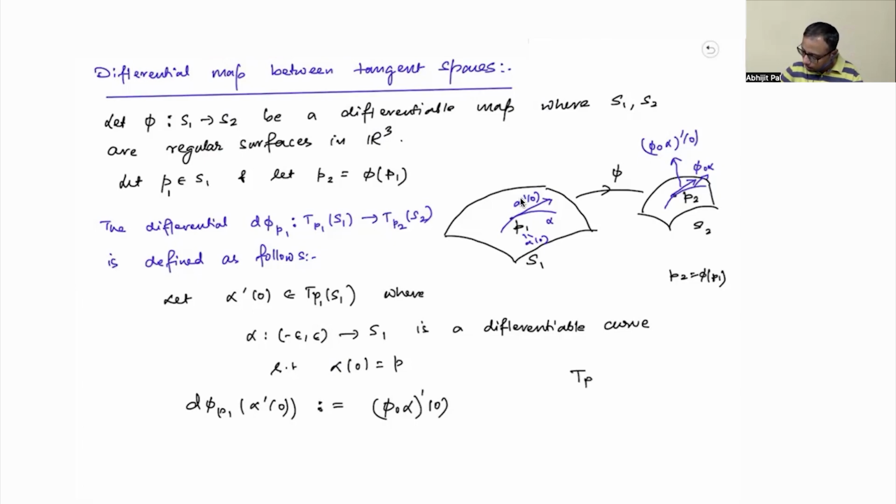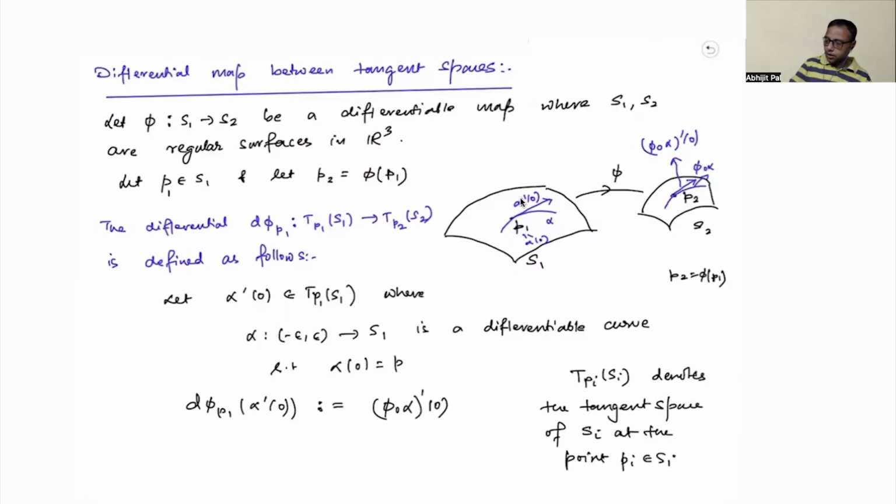So T Pi Si denotes the tangent space of Si at the point Pi. Okay, so we have defined the differential of a differentiable map.